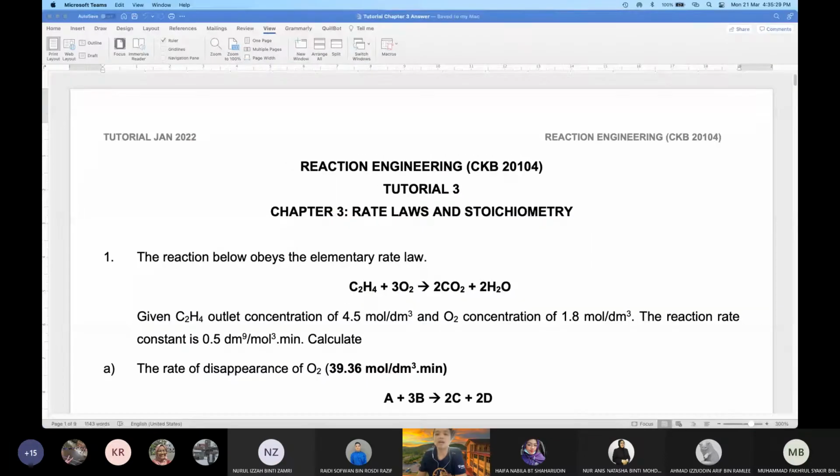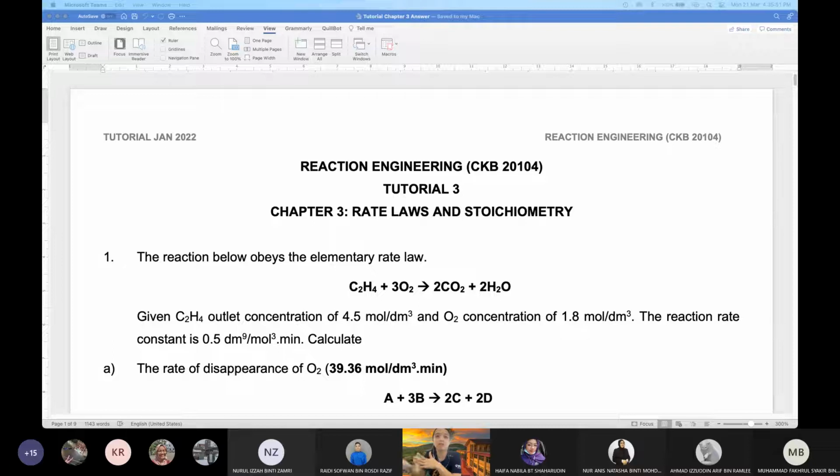Okay, so just to recap, if you forget, chapter 3 is not that difficult, but you can see that there are a few things that may be a little bit confusing to you, because we learned a little bit on the rate law, a little bit about the Arrhenius equation and the reaction rate constant.